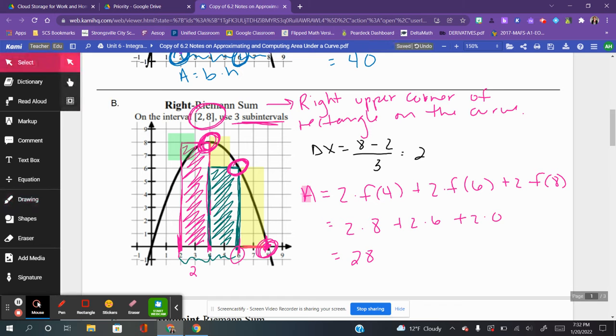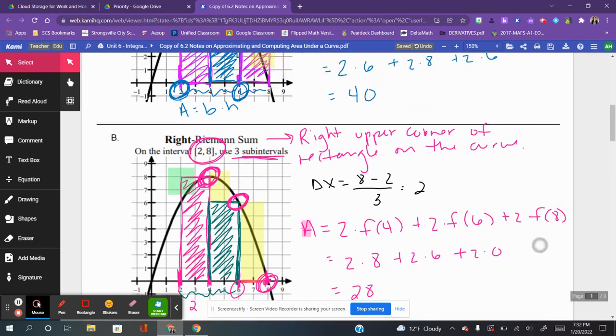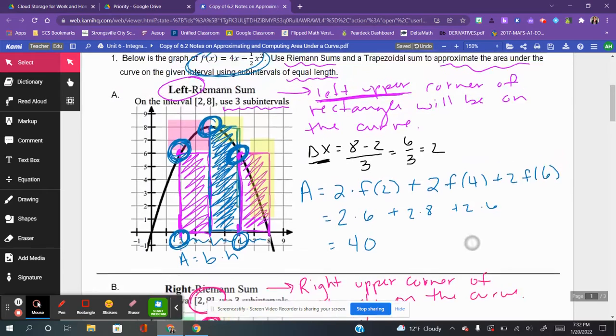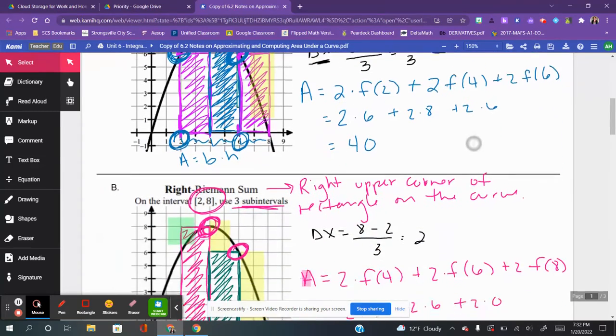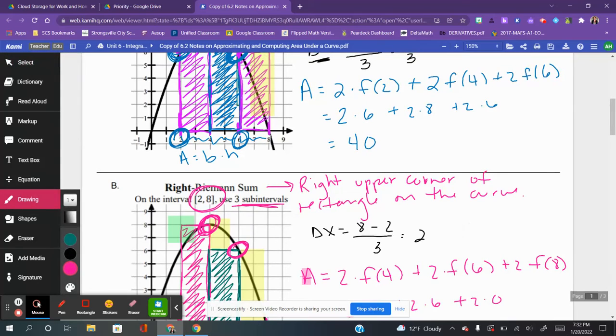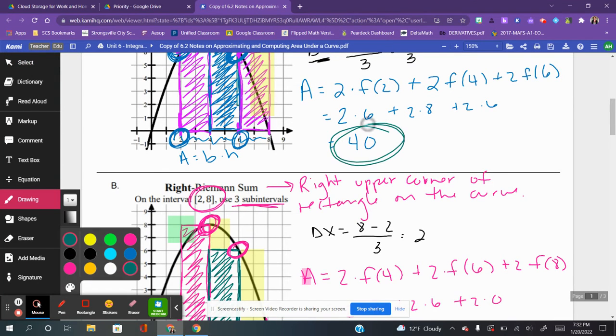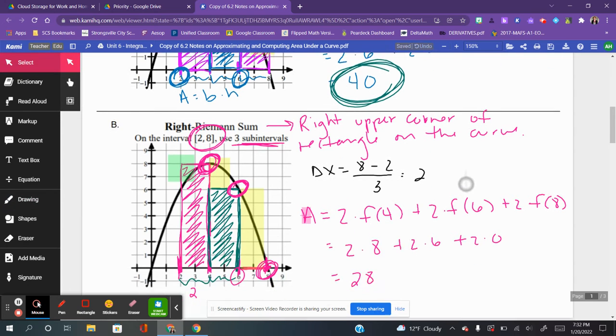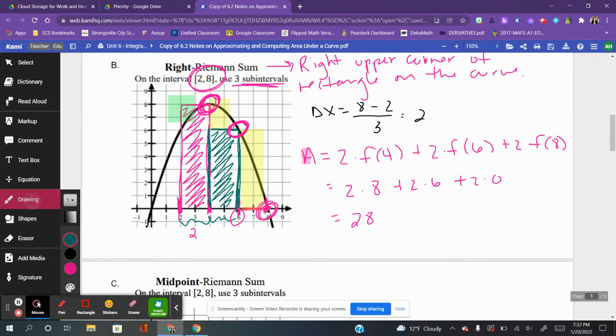Notice that I am working on the same interval, 2 to 8, in both cases, and I have the same number of rectangles. But one area formula is giving me 40, meaning the area under that curve between 2 and 8 is 40 units squared, versus the same interval but this time an area of 28.